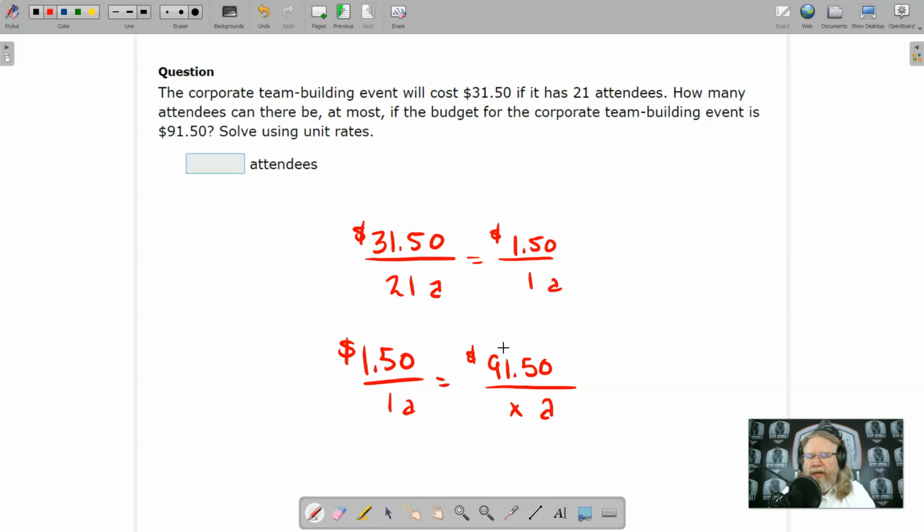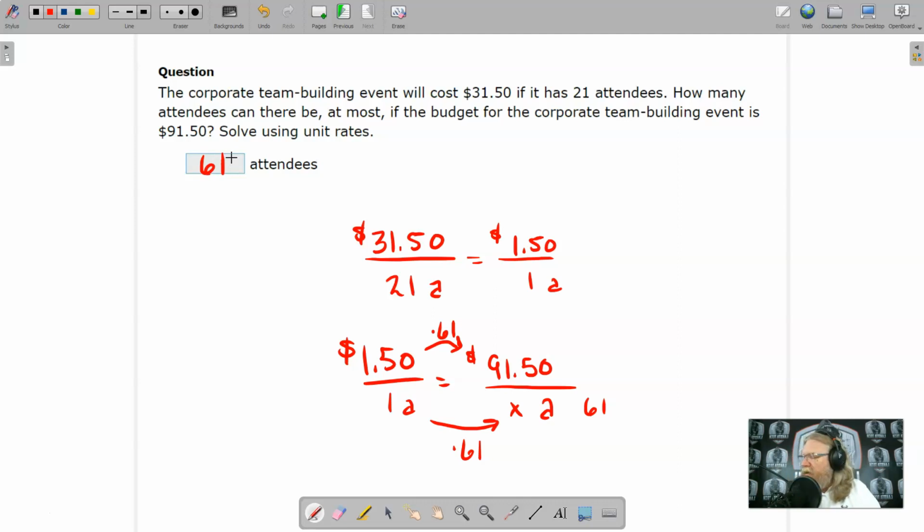On the calculator, I don't have to push the 0. That's going to give me 61. So we have to multiply times 61 to get there. Let's do the same here. Times 61, and 1 times 61 is indeed 61. So the answer is 61 attendees.